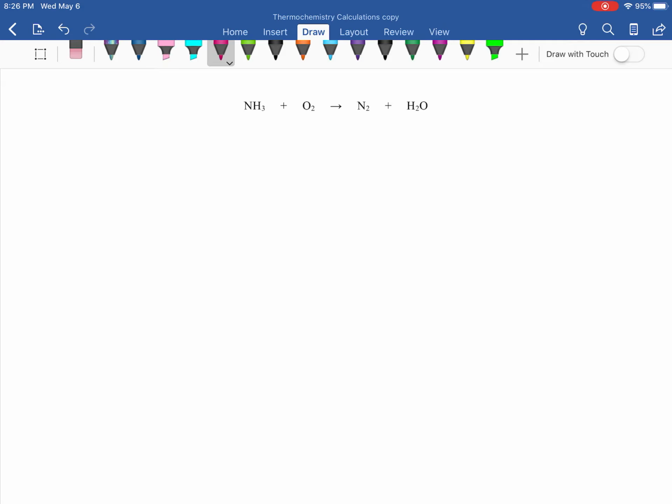Let's do this. All right, I've got 2 nitrogens, so I'm going to try that. Let me write that a little smaller, okay? That means I've got 6 hydrogens, okay? And then 2 oxygens, I have 3 over here. So in theory, that would be 3 halves.